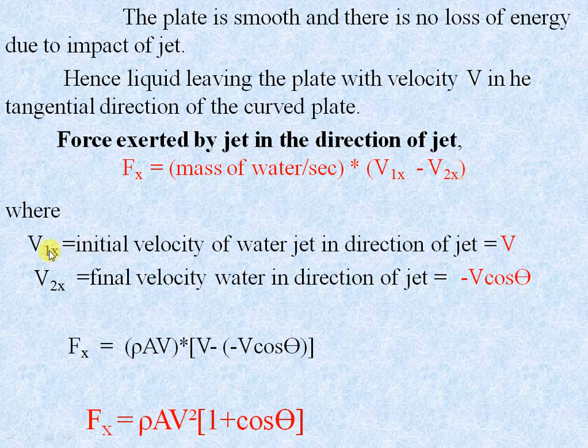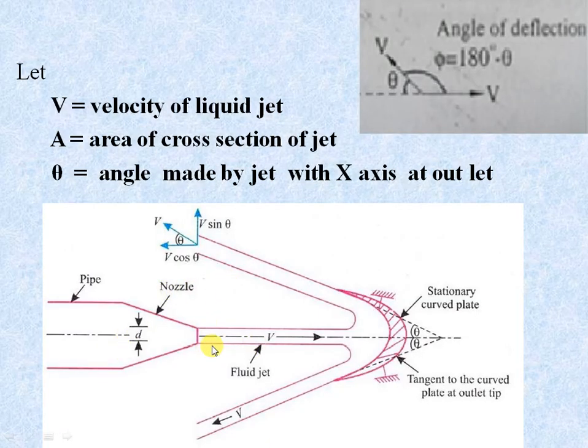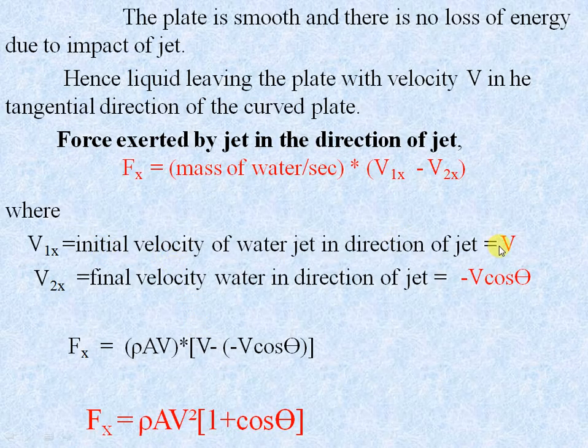So already we have discussed V1x is nothing but v, and V2 is v cos theta. So the velocity along this direction is positive and velocity along the opposite direction is negative. Put all these values in our impulse momentum equation. So we will get Fx is nothing but rho a v into (v minus v cos theta). So minus positive plus. So we will get Fx is equal to rho a v square (1 plus cos theta).